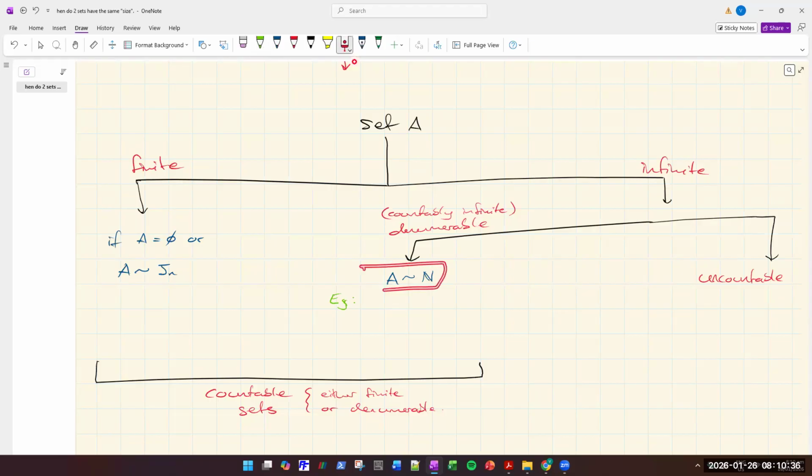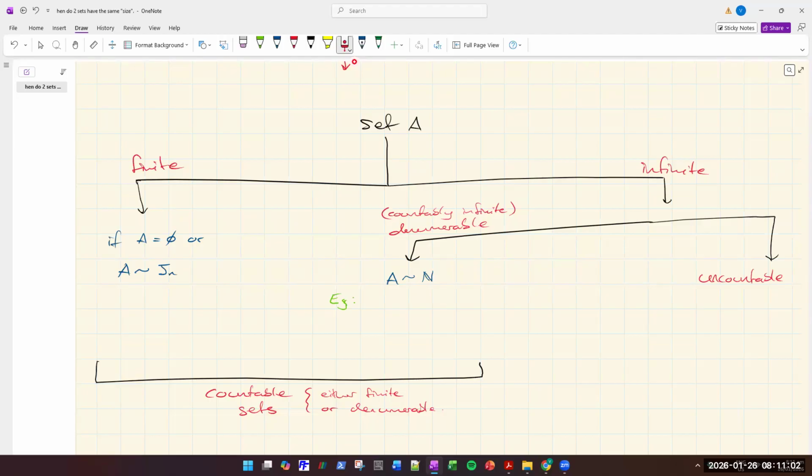Remember, this relation is an equivalence relation, so every set is equivalent to itself. In other words, N is equivalent to N. The natural numbers are equivalent to themselves because, of course, there's a bijective function from the natural numbers back into itself. That is the identity function.